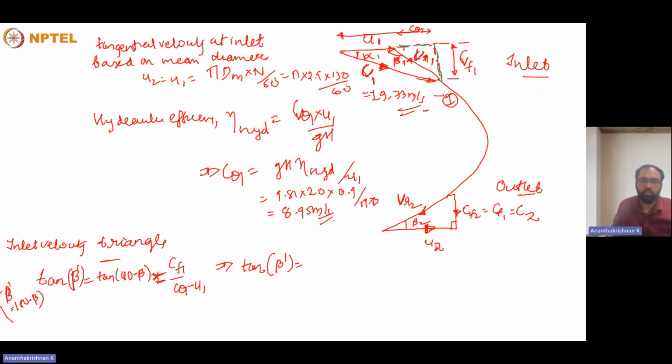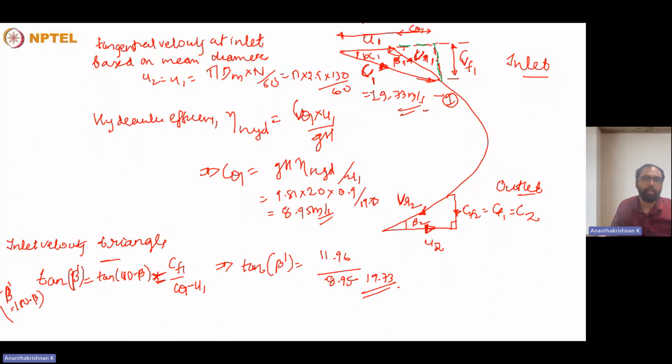C theta 1 is equal to 8.95, and the corresponding U1 value is 19.73. So this value shows that the triangle which we have considered is slightly wrong.